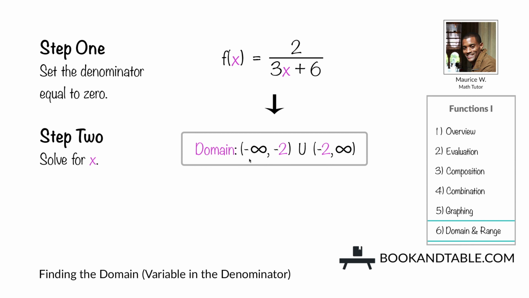So the domain would be from negative infinity to -2, parenthesis to the right since -2 is not included, a union, and then the second interval would be from -2 to positive infinity, parentheses as well, since infinity is not a real number, and -2 is not included.